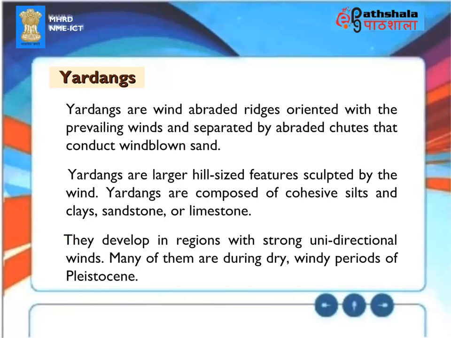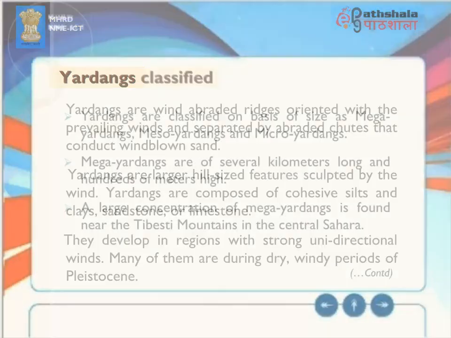Yardangs are composed of cohesive silts and clays, sandstone or limestone. They develop in regions with strong unidirectional winds. Many of them formed during dry, windy periods of the Pleistocene.